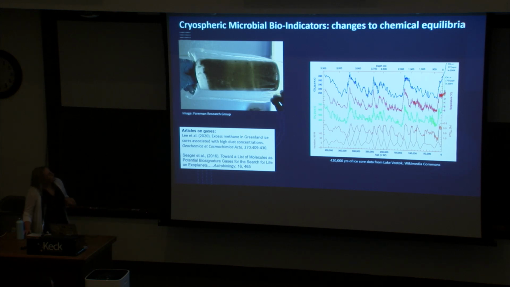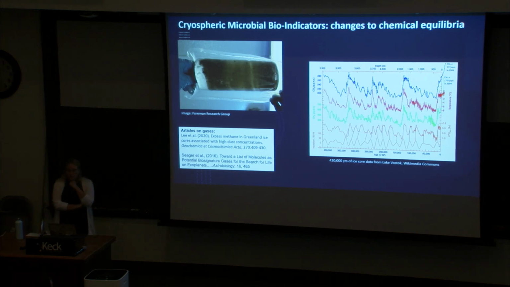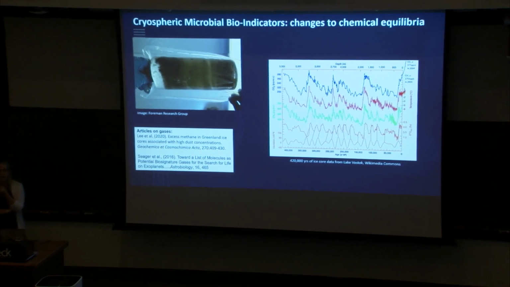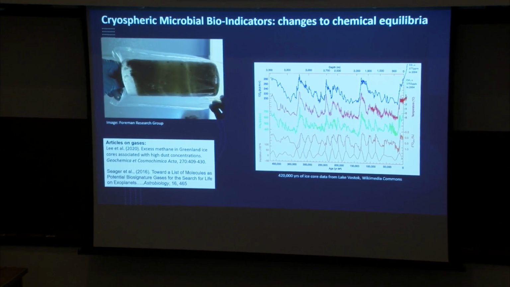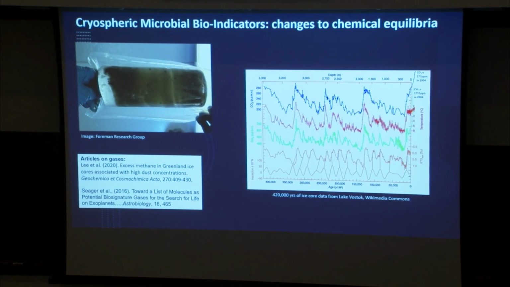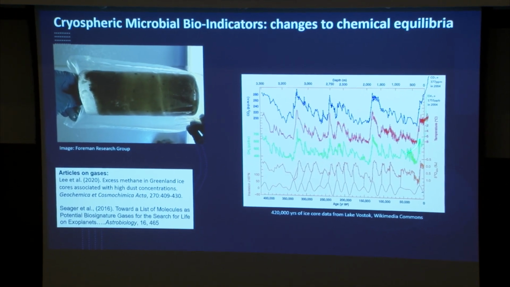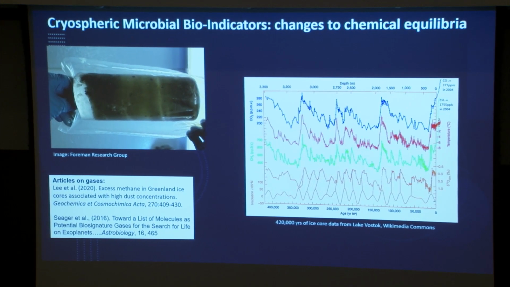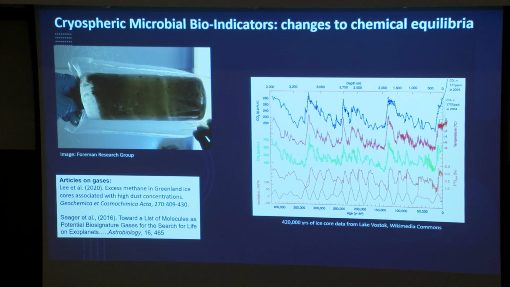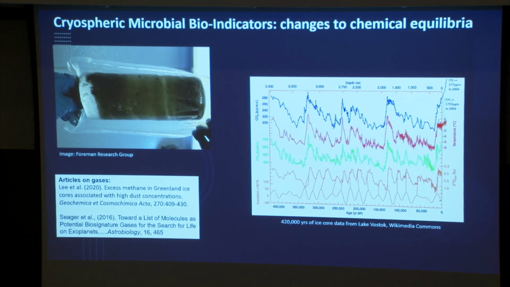So one might be changes to chemical equilibrium in the form of astrobiologically relevant gases. These can be found in ice cores. This is a figure from gas records of the Vostok ice core, going back about 400,000 years. We can see these nice records trapped within there.